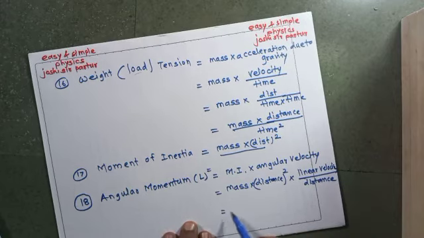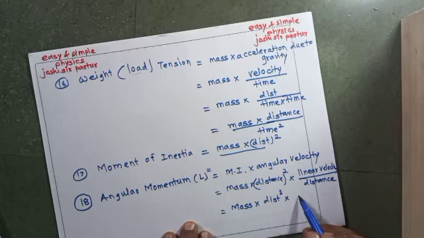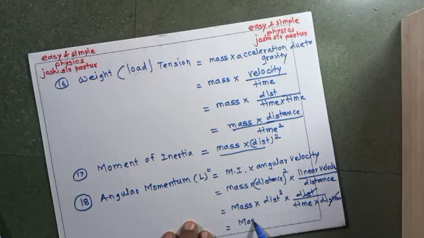So mass multiplied by distance square, multiplied by distance upon time, multiplied by one upon distance. One distance gets cancelled. So we see mass multiplied by distance square upon time. That is the formula for angular momentum.